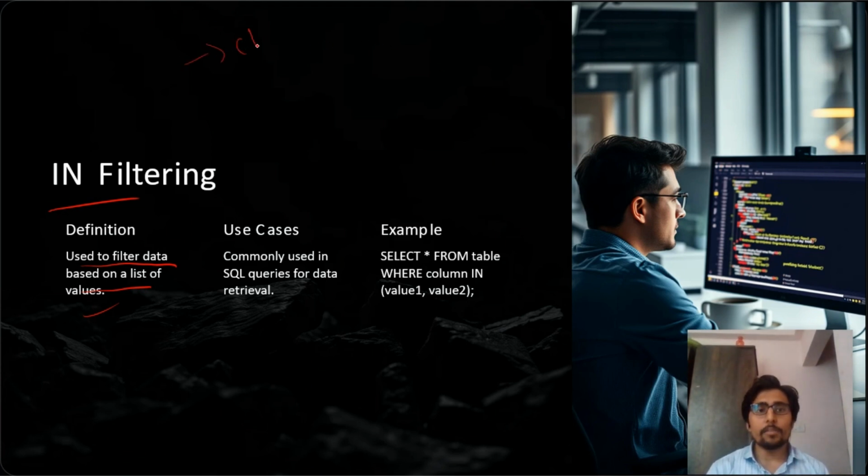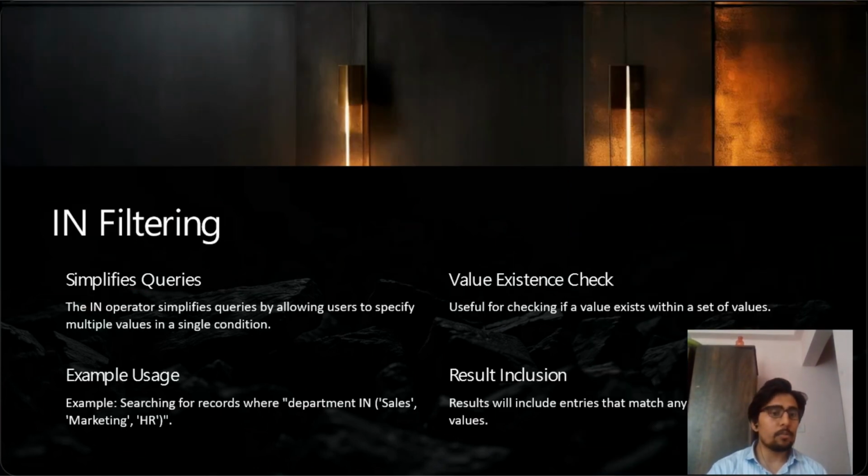It gives clean queries, and it is faster, right? So these are the two benefits of using IN filtering. We'll go more into that. The IN operator, as you can see over here, simplifies queries by allowing users to specify multiple values in a single condition. In only a single condition, it will specify multiple values.